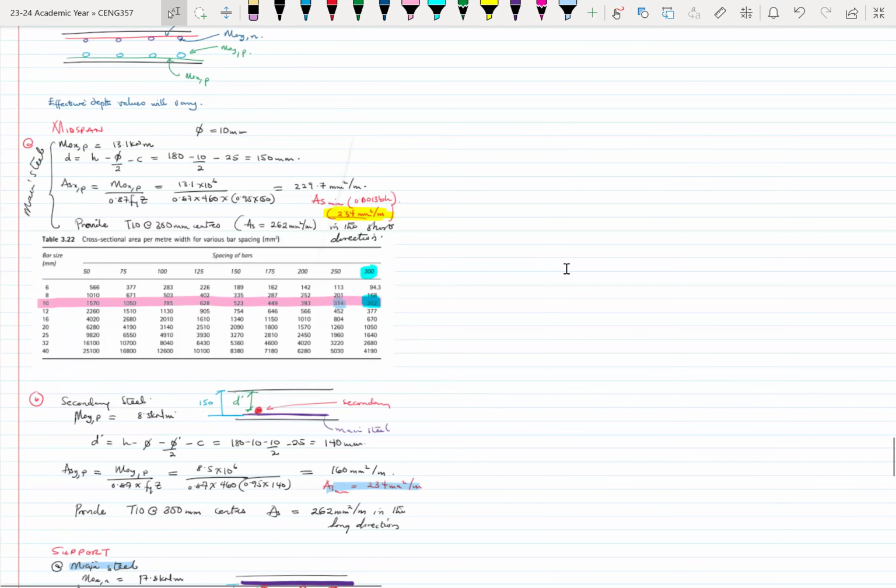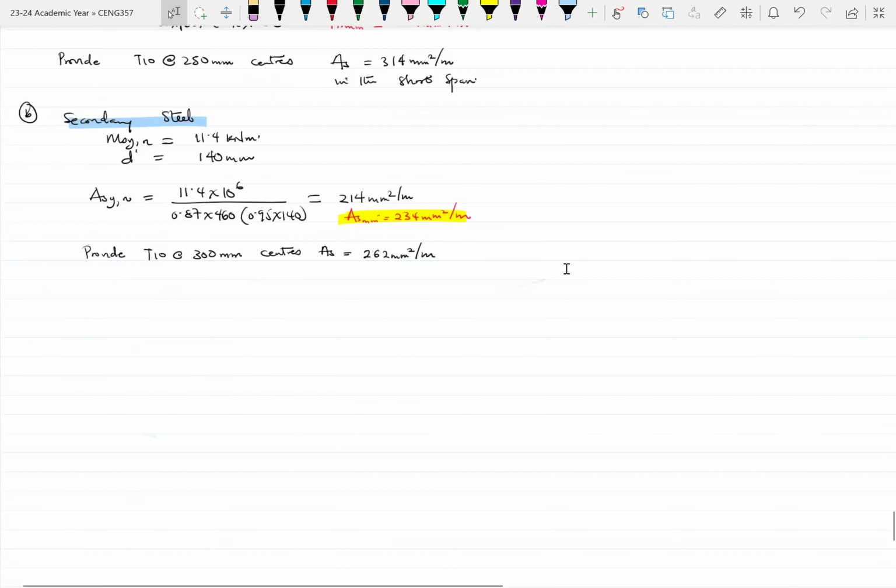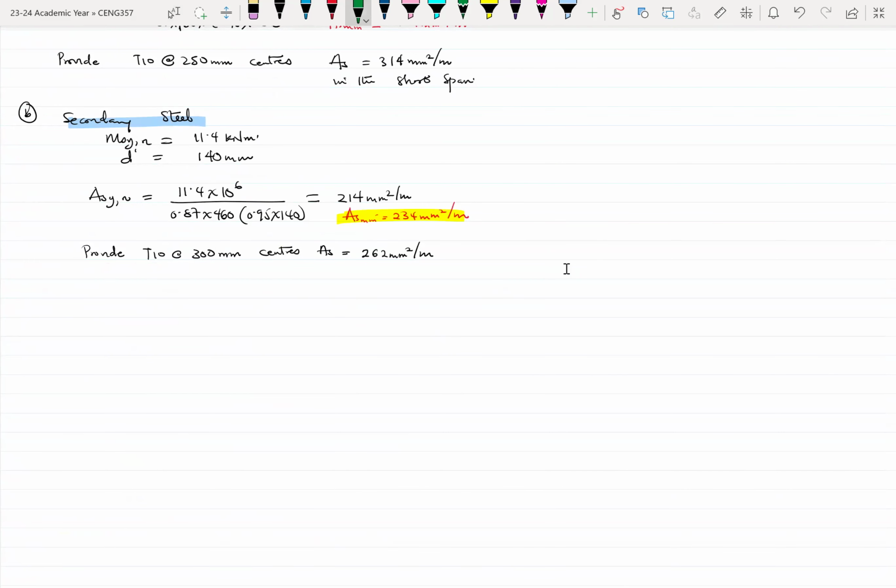Now let's check shear. I didn't really state anything on shear earlier, so I'm going to use this opportunity to highlight shear as well. When it comes to shear design, let me just write here, shear.